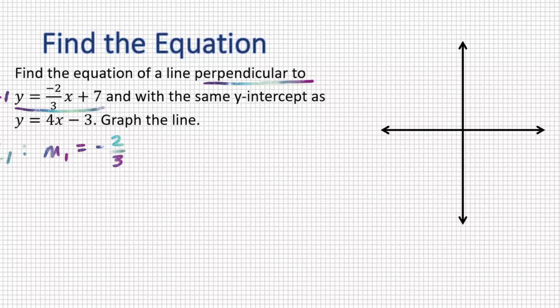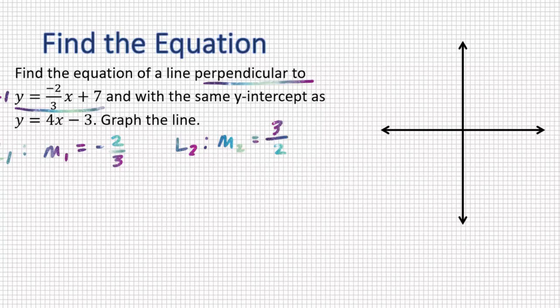Since the line we're interested in drawing is perpendicular to line 1, I'll call the one we're interested in line 2, its slope must be the negative reciprocal. So the slope of the line we're going to draw, and whose equation we're going to write, is positive 3 over 2.